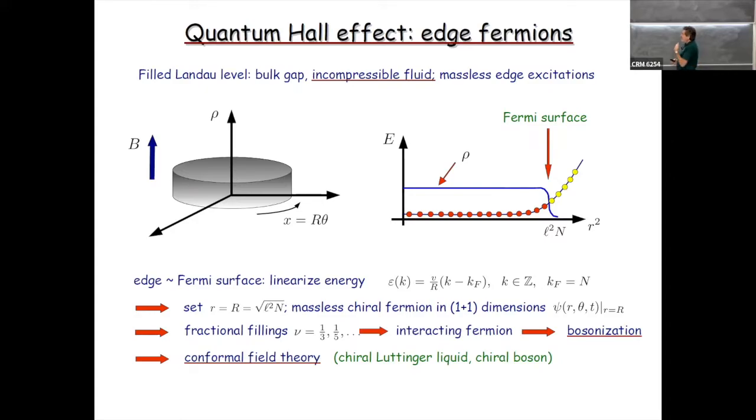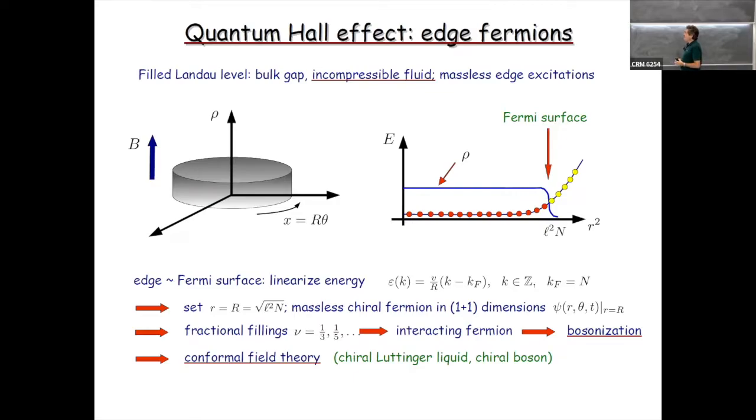Then the picture extends to fractional fillings. In order to understand that there is a gap also for fractional filling, I have to imagine that the Coulomb interaction is very important. This is a non-perturbative effect, so it cannot be solved ab initio. So you say, let's suppose I have again an incompressible fluid.